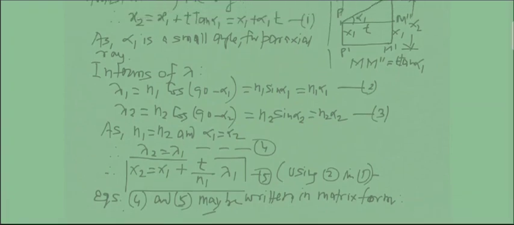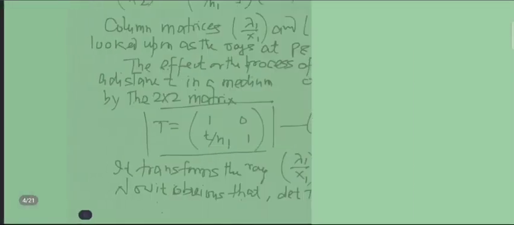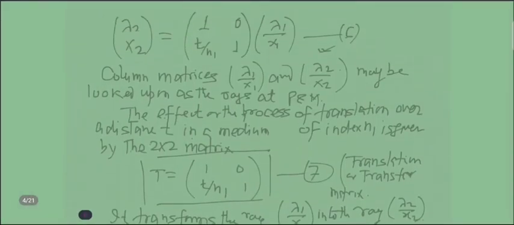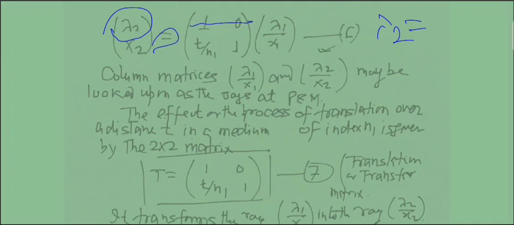So equations 4 and 5 may be written in the matrix form like this. This is your equation number 6. Now, do you know the matrix rule of multiplication? You must be knowing. So we write lambda 2 equal to: multiply this row by this column.